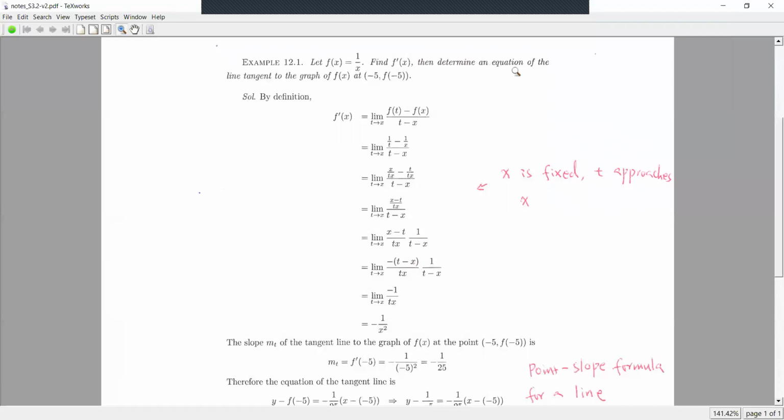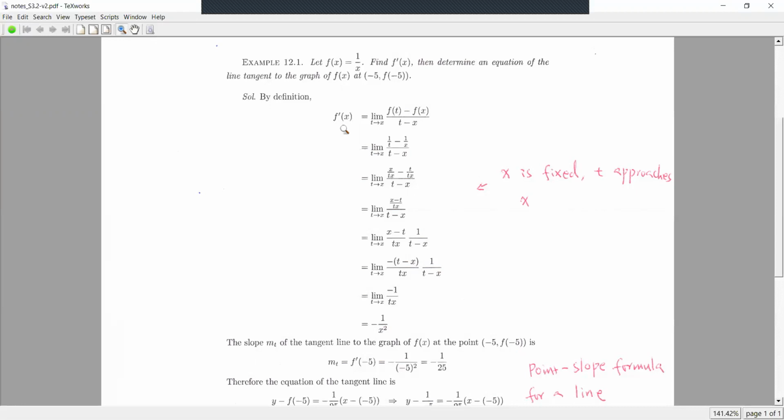To determine an equation of the tangent line at this point, we need to determine the slope of the tangent line. The slope of the tangent line at this point is derivative at negative 5. Derivative at negative 5 is the slope of the tangent line at this point.